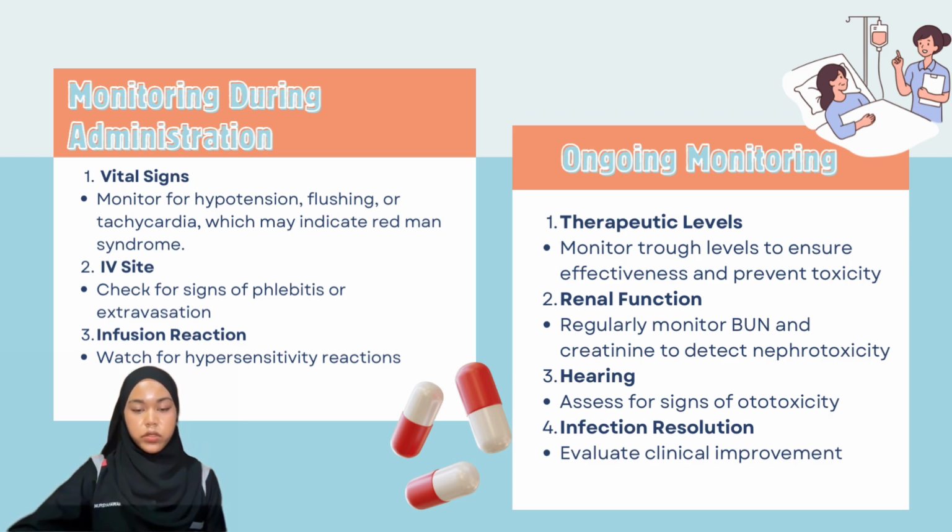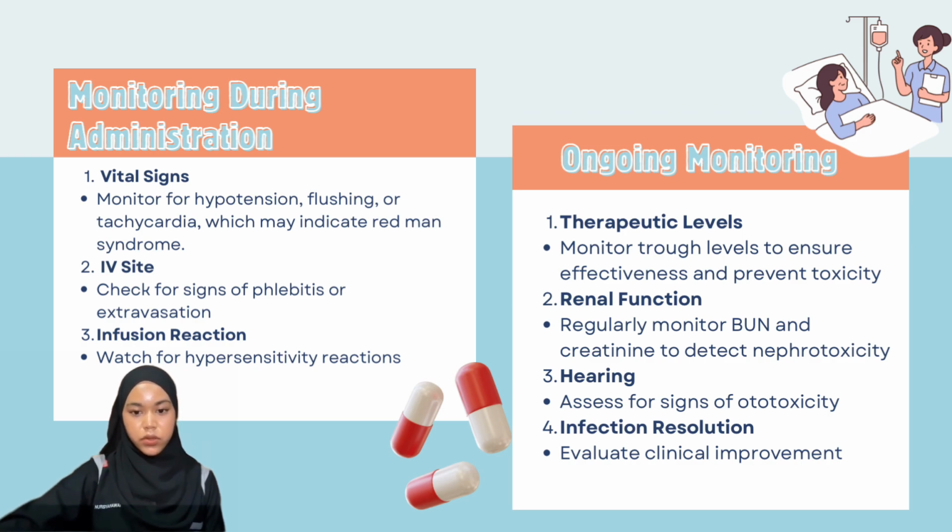Next is ongoing monitoring. Even after the initial administration, ongoing monitoring is necessary to ensure patient safety. We monitor the therapeutic drug levels, specifically trough levels, which should typically be between 10 to 20 micrograms per milliliter to balance effectiveness and prevent toxicity.